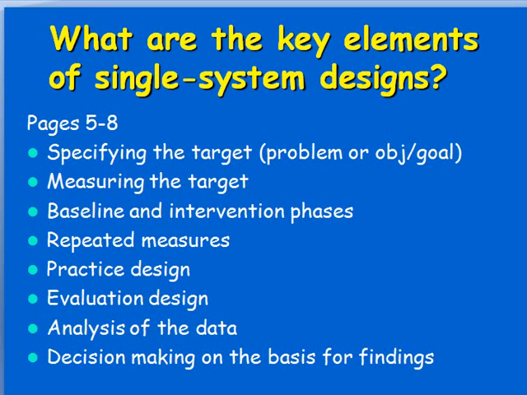So that is a very important element of single system design, and very different than a classic research design or even a practice evaluation design that just uses pre and post measures. You get a lot of information from getting information throughout the different phases or different time periods during the intervention.